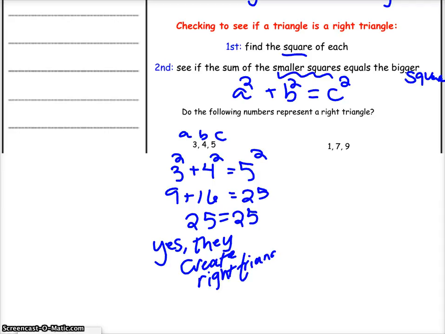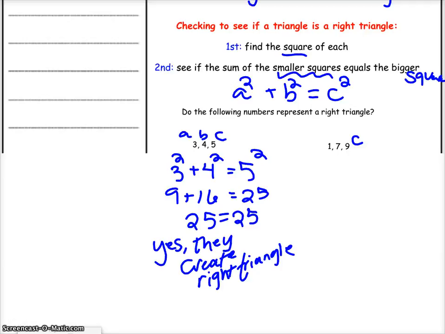Okay, so again, the biggest thing you need to know is how can you tell what A and B and C are? C is always the longest dimension. A and B are the 2 smaller ones, and it doesn't matter which ones you use. So 1, 7, and 9. Can I make a right triangle that has these dimensions? Which one is C? 9.